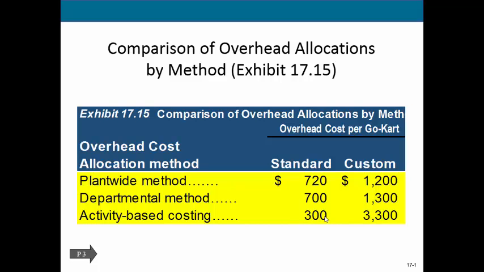Costing your products correctly is important because most companies base their price off of their costs. So if you don't have proper cost information, you cannot properly price your products and you can lose a competitive advantage. So although activity-based costing is more costly and more time-consuming, it is more helpful because it does give us better information.